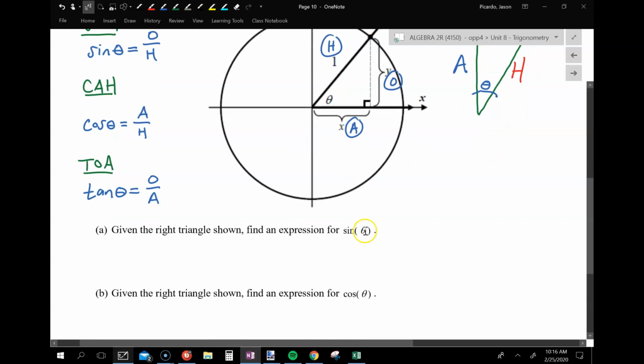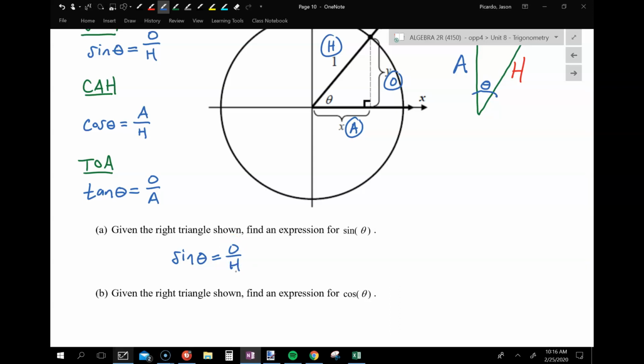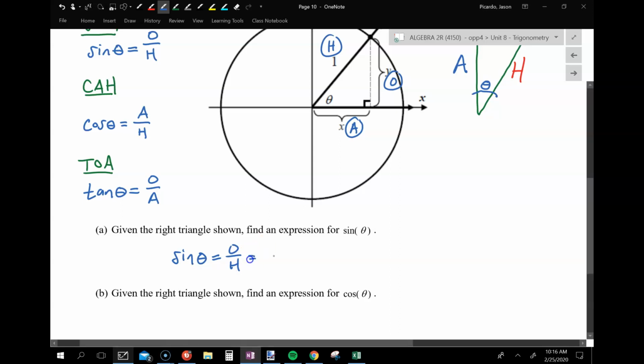So, I now want to know what is the measurement of sine theta. Well, you guys wrote down that sine is equal to O over H, right? So in this picture, what side is the O? The Y. And what is the H? A 1. What's Y divided by 1?